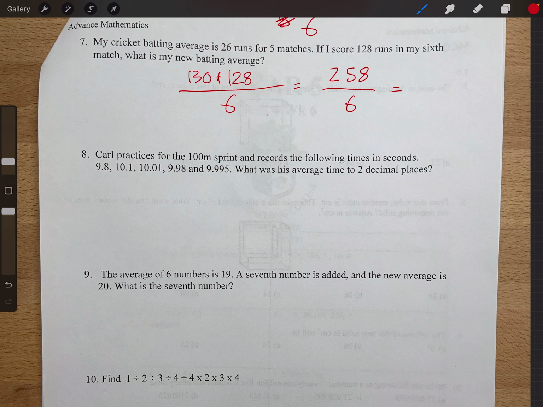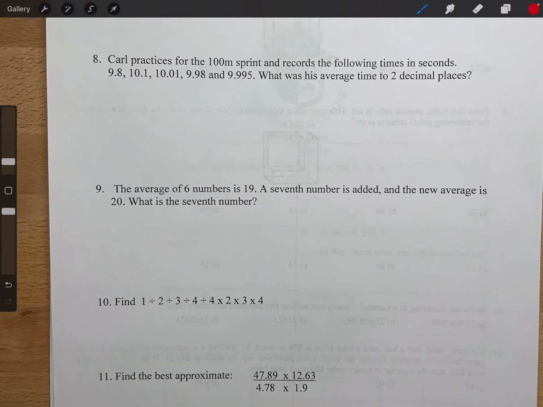Okay. Next one says Carl practices for the 100-meter sprint and records the following times in seconds. What was his average time? Give it to 2 decimal places. To find the average, add them all up. So 9.8. Let's put a couple zeros in here. And you got 10.1. That's that one. Next one is 10.01.